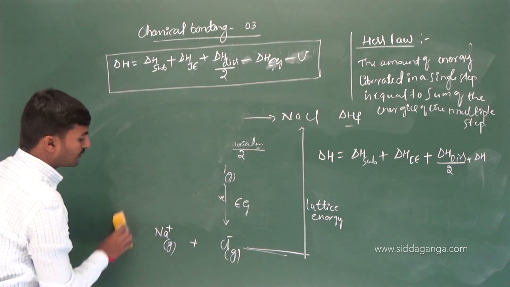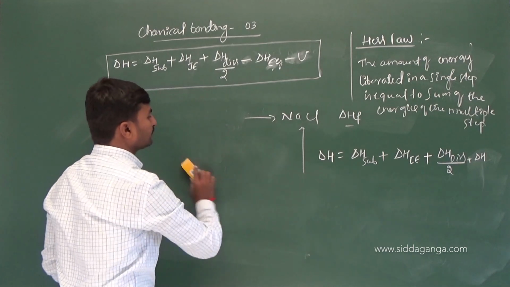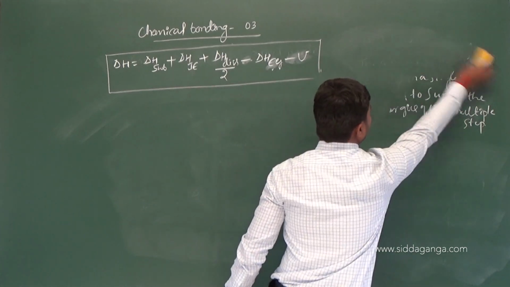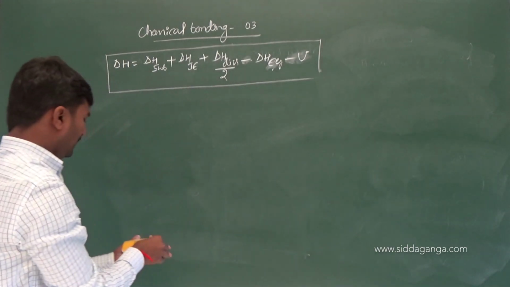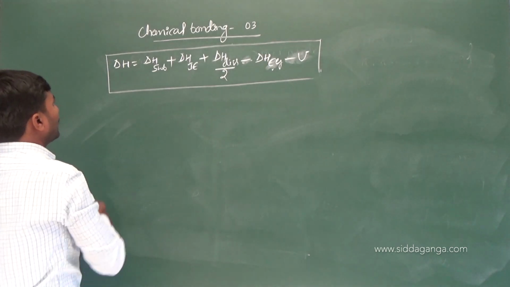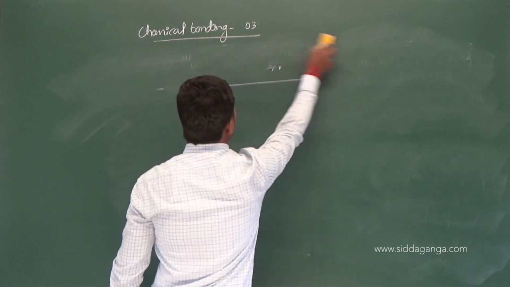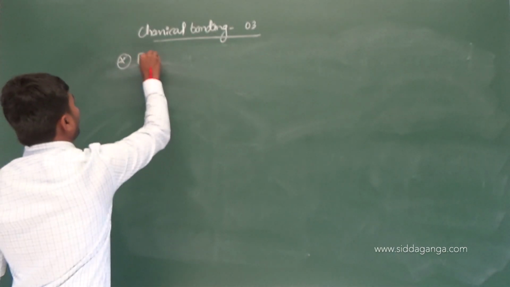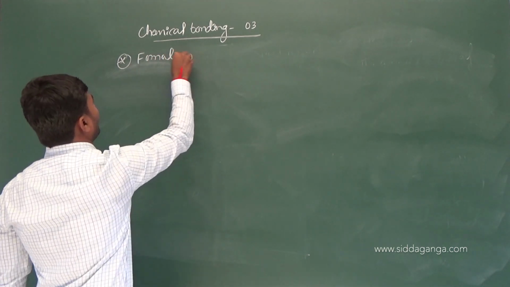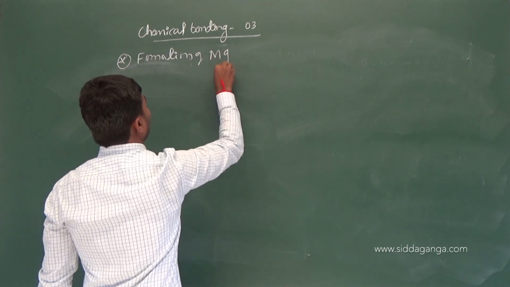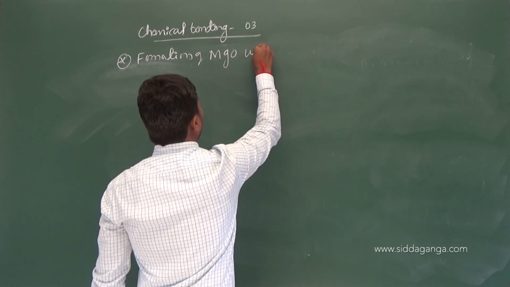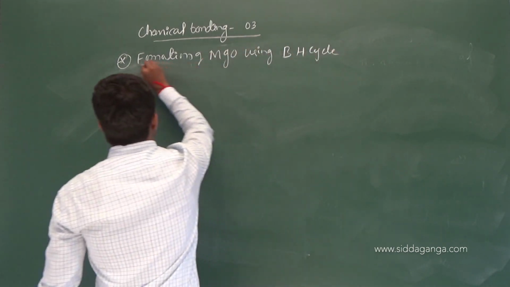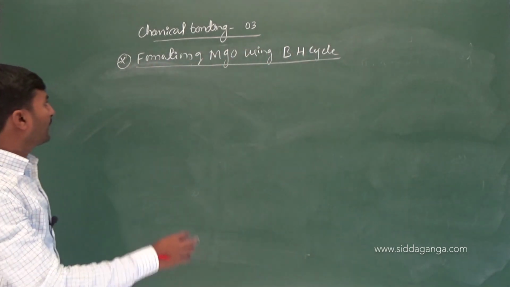Next, we will move on to one more example, that is the formation of MgO, magnesium oxide, using the Born-Haber cycle.